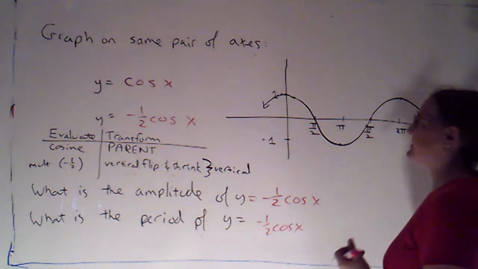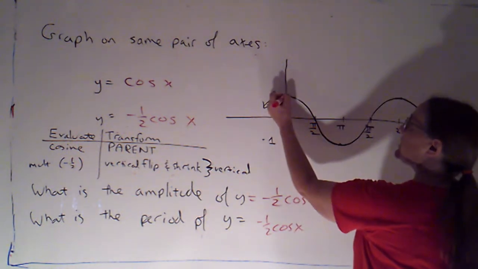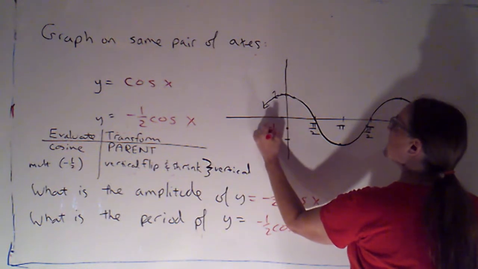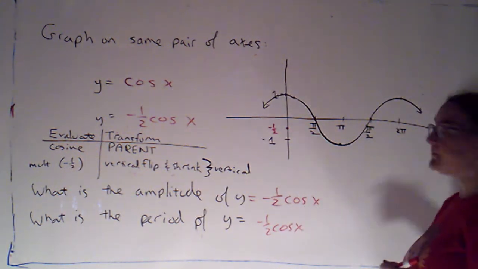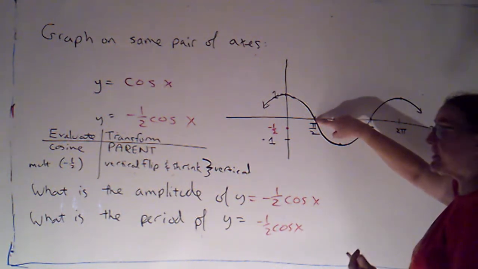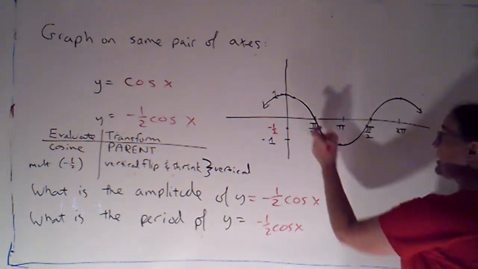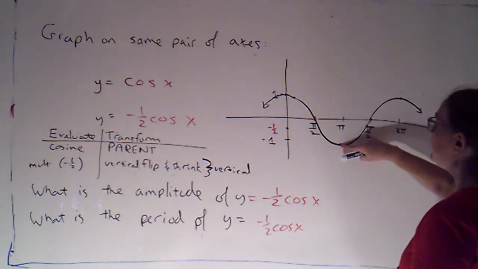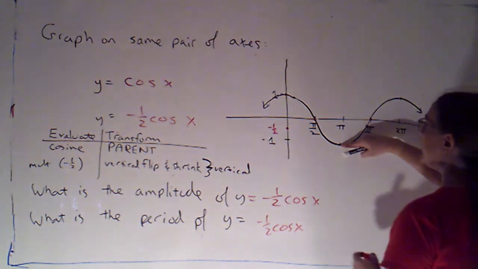Okay. So I'm going to accomplish both of those by doing exactly what I'm doing in evaluating the function to my y values. So the y value here was 1. If I multiply that by negative 1/2, it's going to bump to negative 1/2. The y value at this next important point was 0. Multiplying that by negative 1/2 does not move it. That point's going to still be there. The y value here was negative 1.